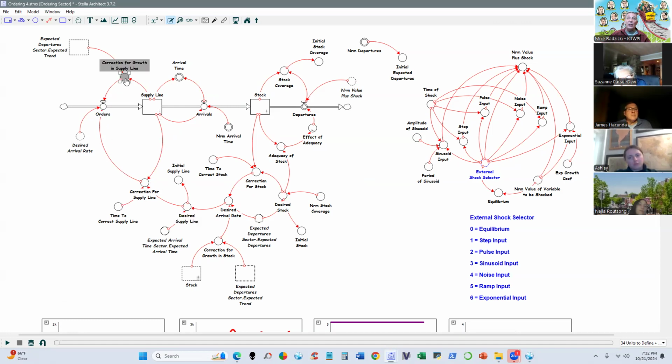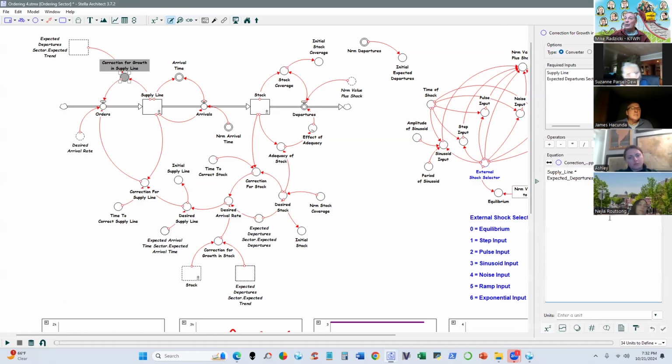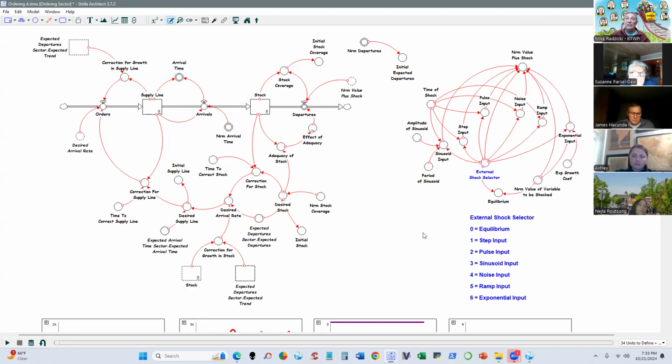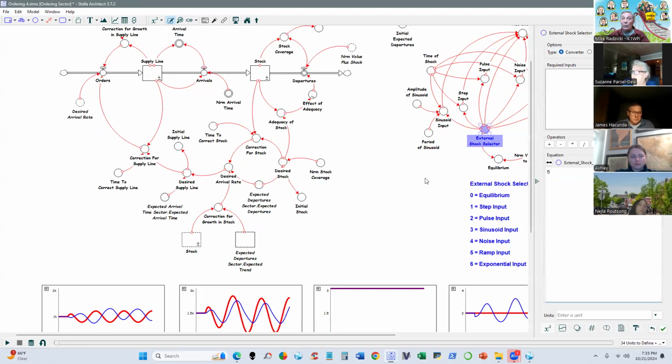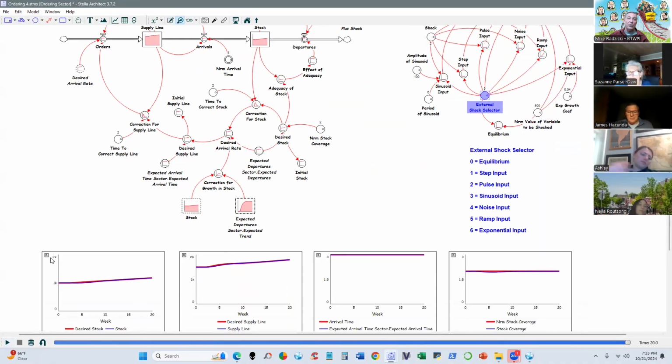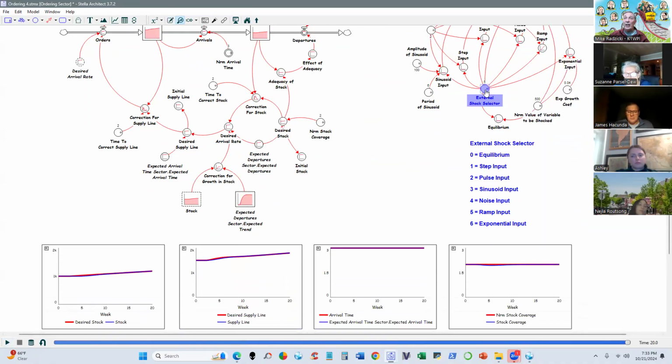And then you also have to correct the supply line for growth with that same trend. So your actual order rate, now you've got your max zero, correction for the supply line for its growth and the desired arrival rate. And again, if you test it with a ramp or a sine or exponential, we're good. You can try an exponential.